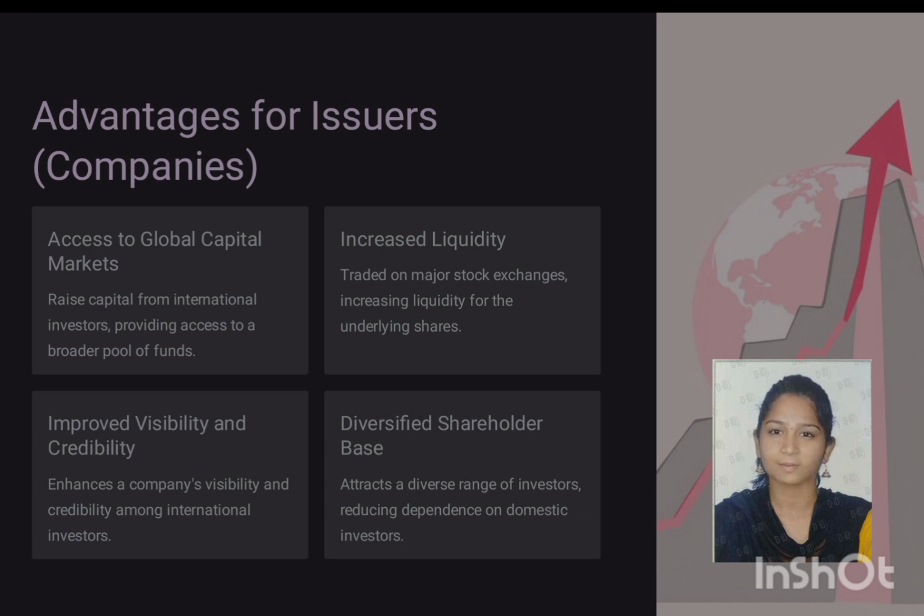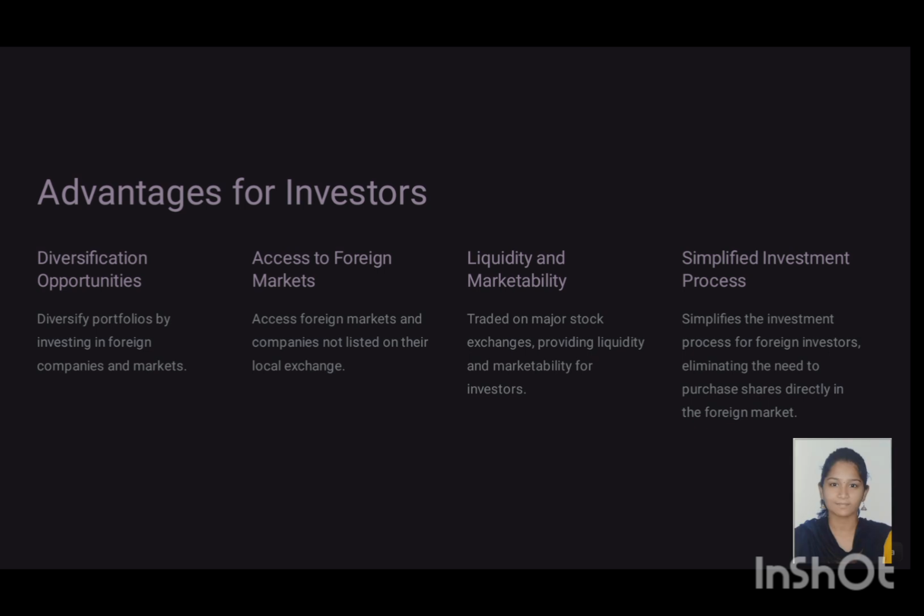Whereas the global depository receipt will attract a different range of investors, which will obviously reduce the dependence on the domestic investors, and it will also provide a stable shareholder base. Next, it provides flexibility in capital raising by allowing the companies to issue the shares in multiple markets in different currencies. Let us see the benefits of the GDRs for the investors.